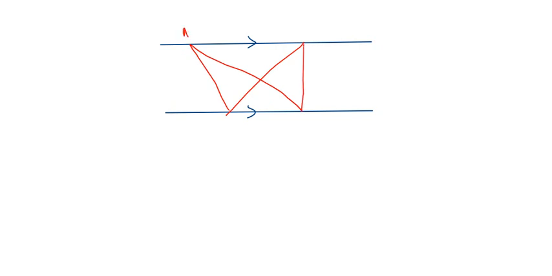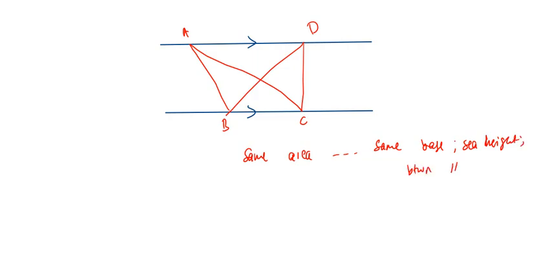We know that triangles A, B, C and D, B, C are both going to have the same area. Why? Because remember, they have the same base and the same height, and they are between parallel lines.